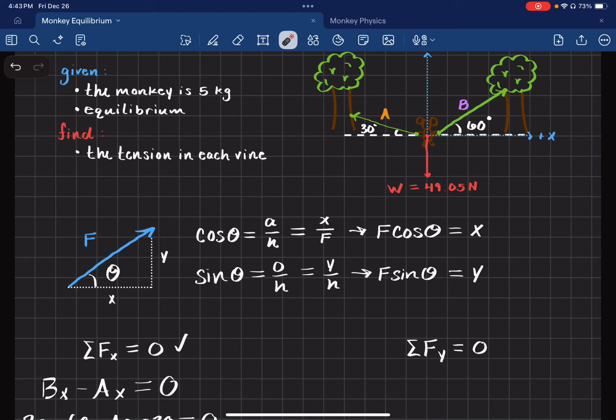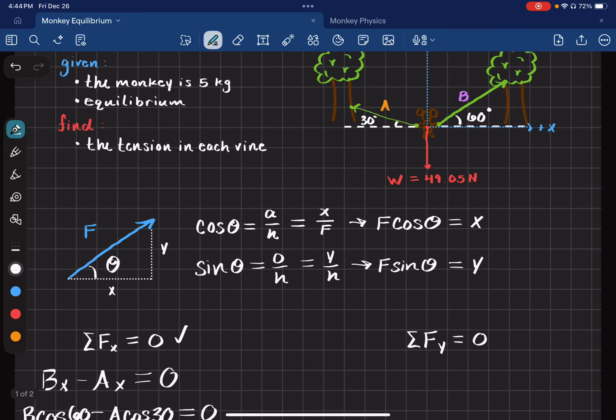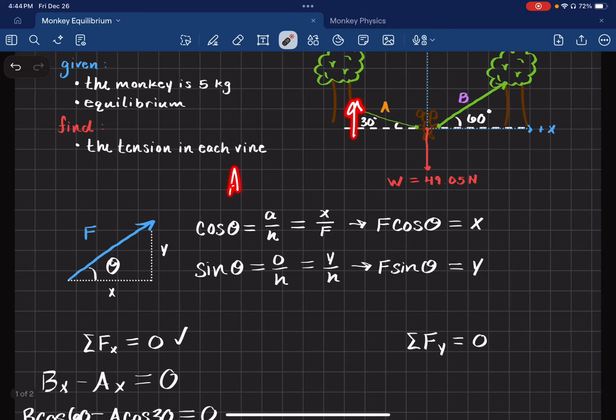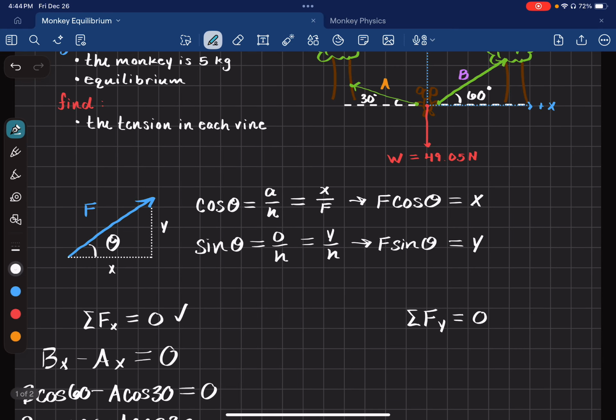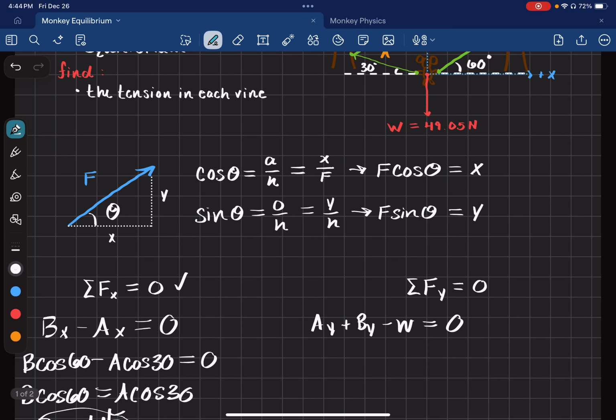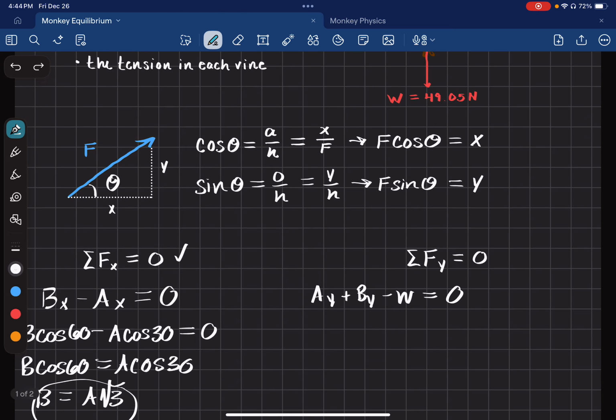So the y direction is the exact same, but now just using these components in sine. So A in the y plus B in the y minus the weight, because the weight goes in the negative, and the other two are in the positive. And then we could do the components.